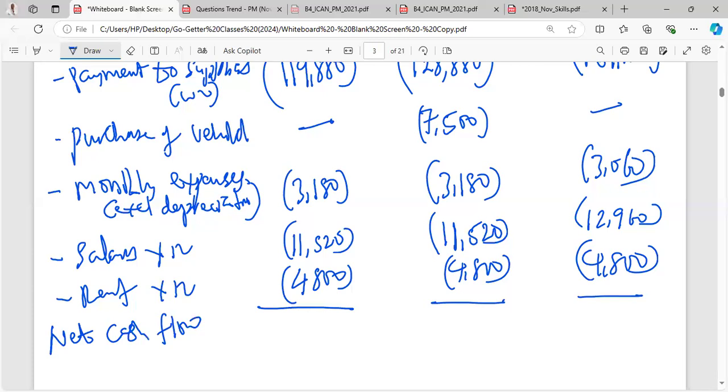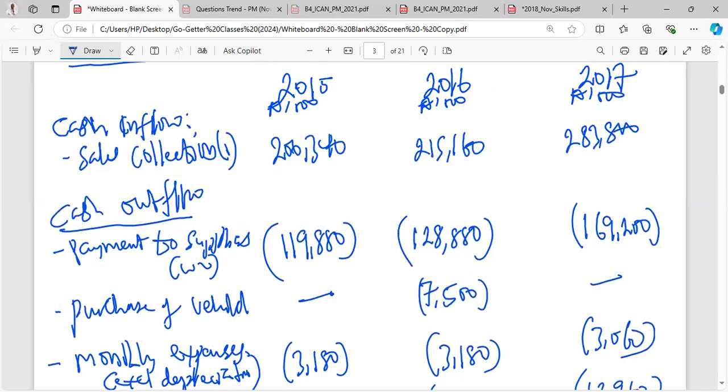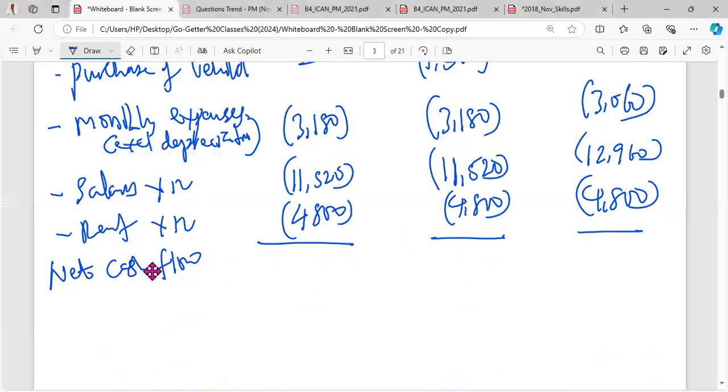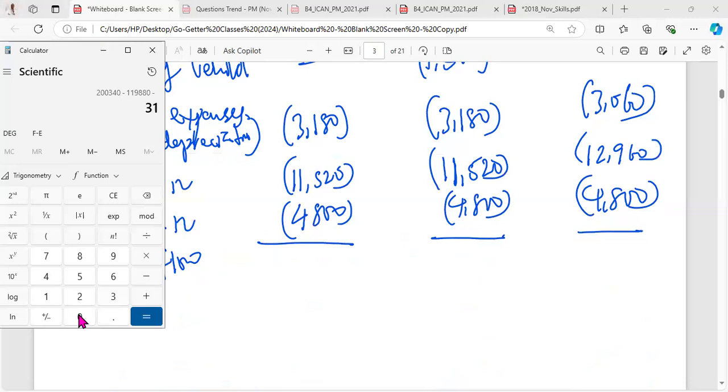So what we'll do now, start from the beginning. 200,340 minus 119,880 minus 3,180 minus 11,520 minus 4,800.